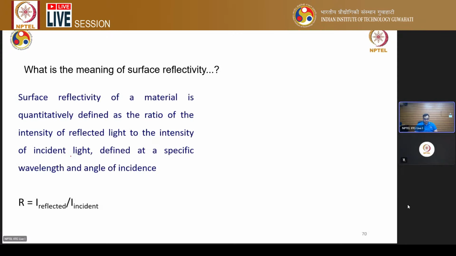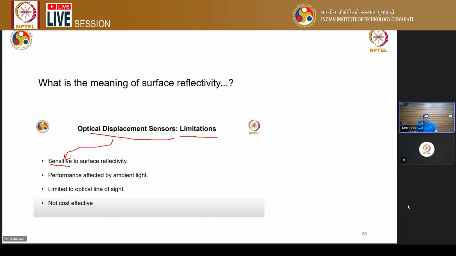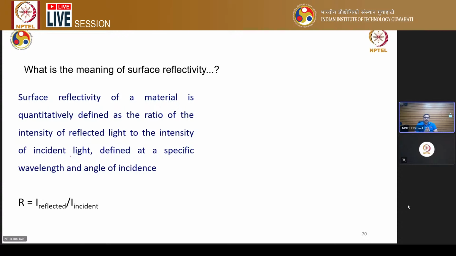Before I jump into the optical displacement sensor, let me first define the surface reflectivity mathematically. The surface reflectivity of a material is quantitatively defined as the ratio of the intensity of the reflected light from the surface to the intensity of the incident light.